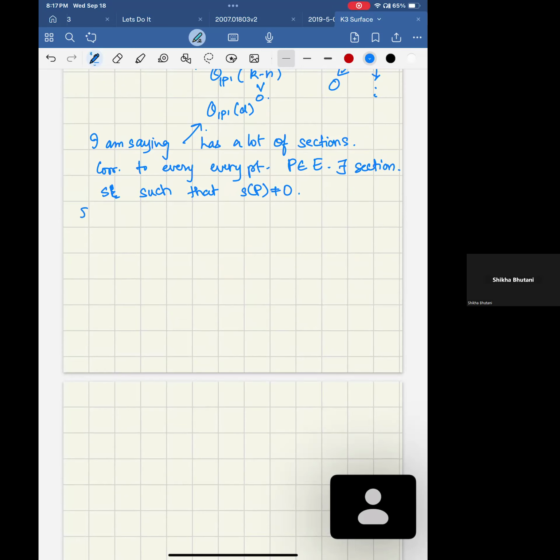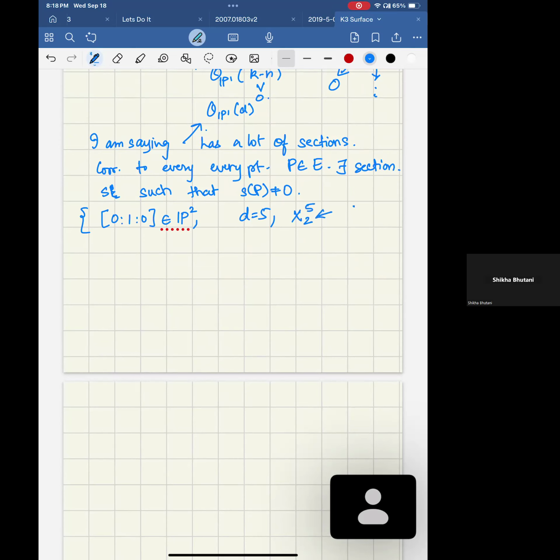How would you imagine that? Think about it. Let's say we consider this point 0, 1, 0, right? So this is a point inside P2, right? And now I'm saying that, let's say I consider D to be 5. So I can always find a degree 5 polynomial which does not vanish on this. What would be the candidate? I'll take x2 raised to the 5.